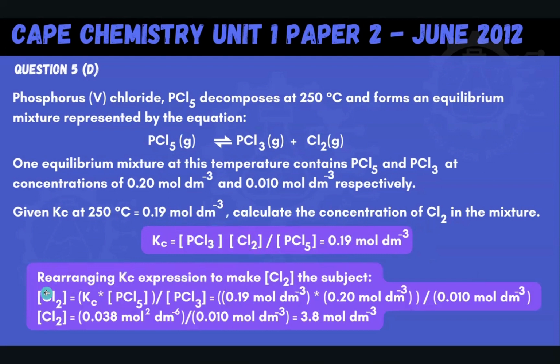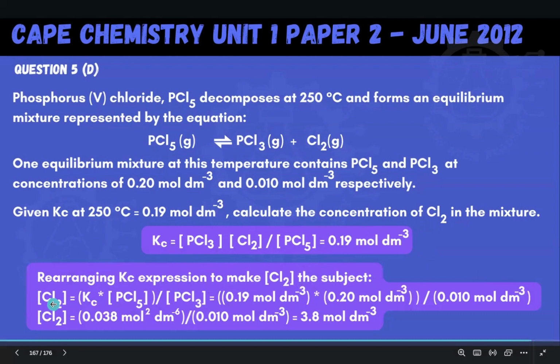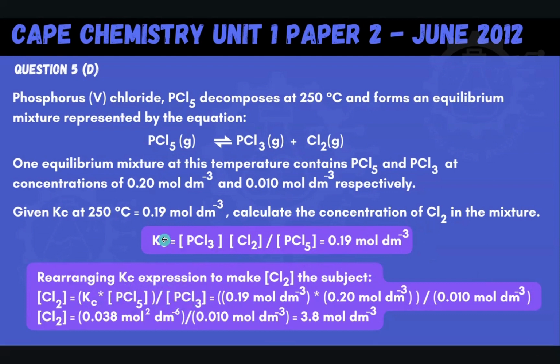Okay, so that's what I did down here. I rearranged the Kc expression to make Cl2 concentration the subject. And when I did that, all I ended up with was this expression where Kc times the concentration of PCl5 would be divided by the concentration of PCl3. And remember, these are our equilibrium concentrations because the Kc is an equilibrium expression in terms of equilibrium concentrations.